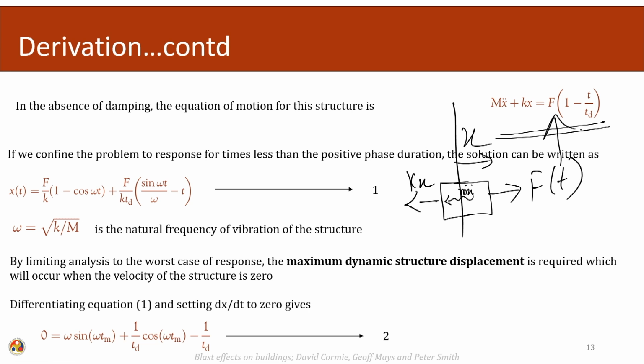This is the equation of motion of that particular system. There was damping c x dot, but we are ignoring the damping.